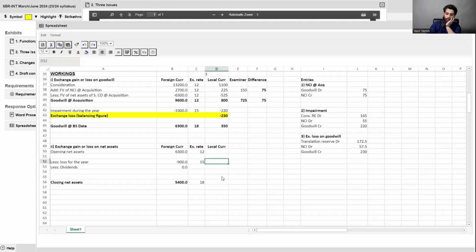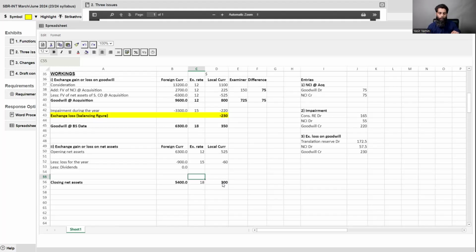So if we convert this into local currency, the calculations would have been as follows. Now you see that the dollar value of your opening net assets is 525. If you net off the loss for the year, it is supposed to be something like 455 or 465. But the closing net assets value has been translated according to the closing date exchange rate, so there is definitely a balance between the workings.